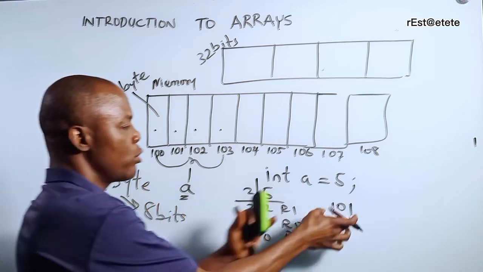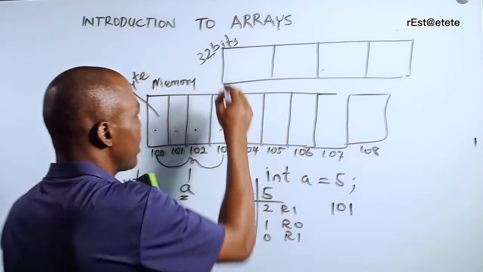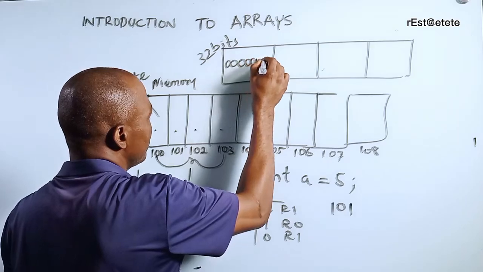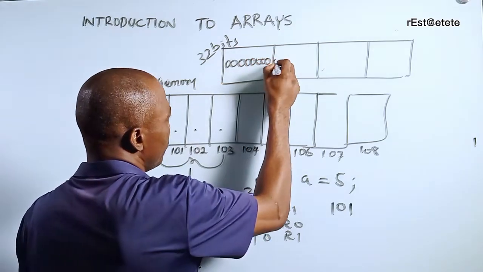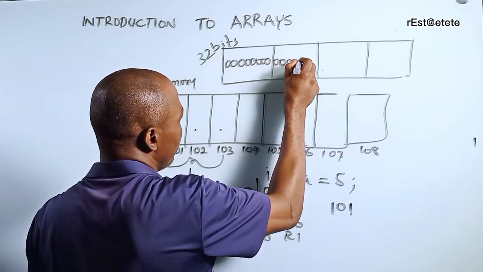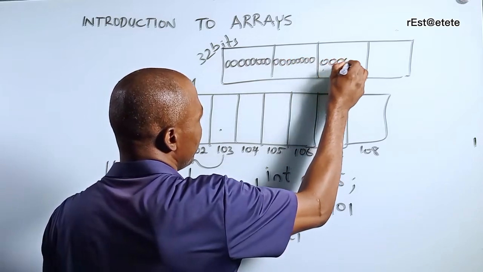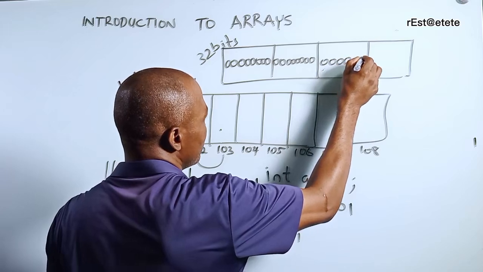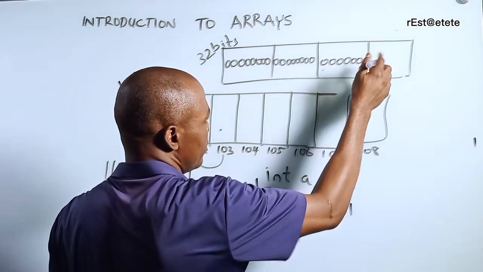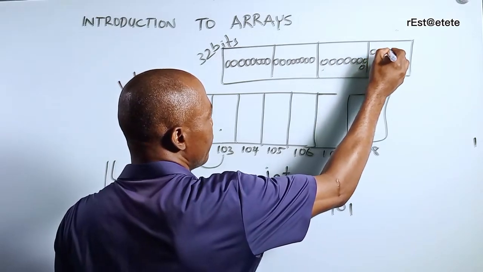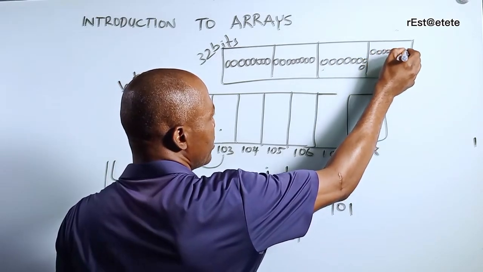So if I'm going to store this 5 in the memory, I will have 8 bits here, 8 bits here, 8 bits here, and then this last one will be 0000 0101.